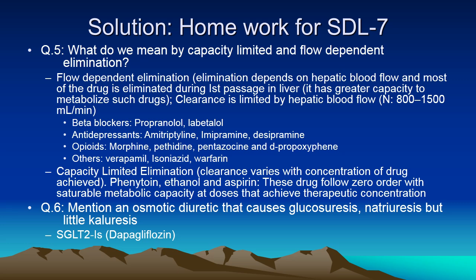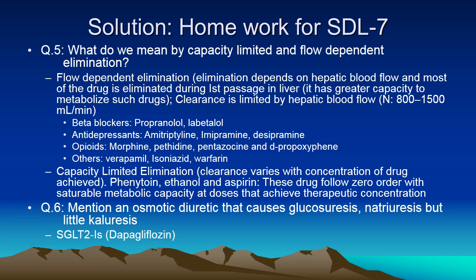Many drugs exhibit this phenomenon and they may be clinically relevant as well: beta blockers, antidepressants, opioids, verapamil, isoniazid, and warfarin. They all may show this type of elimination. The second one is capacity limited elimination, where clearance varies with the concentration of the drug achieved.